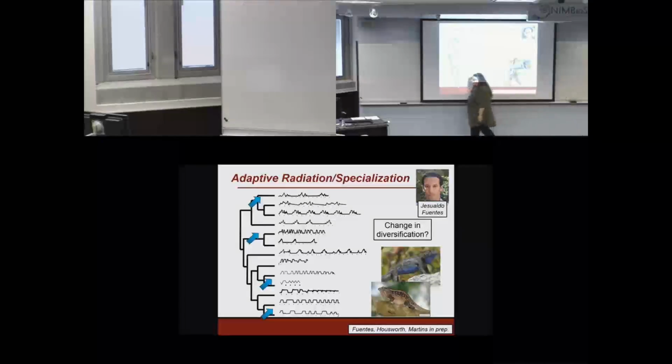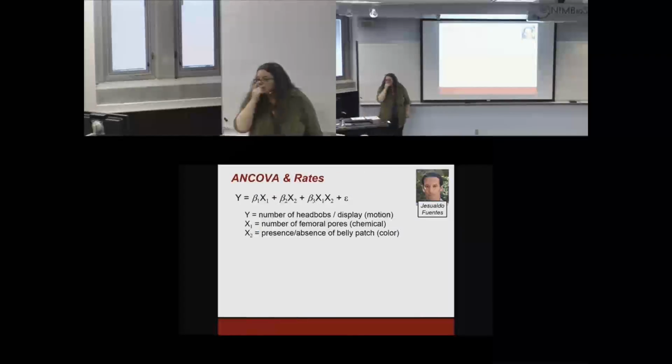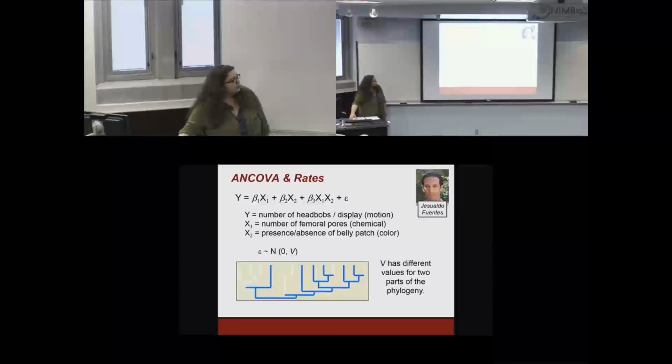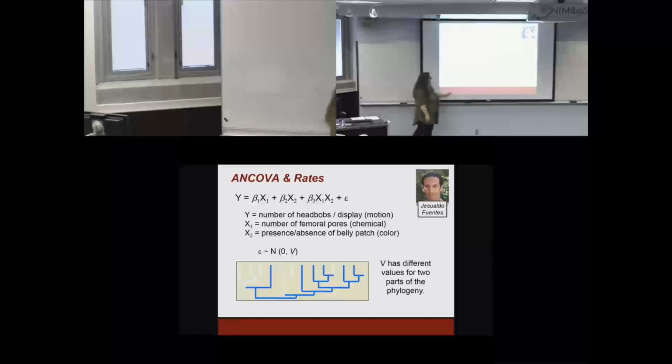Okay. To look at that at the same time, this again is our initial ANCOVA model with the two slopes. What we did is borrow something that Brian O'Mara developed to look at rates of change. We fit a V matrix.